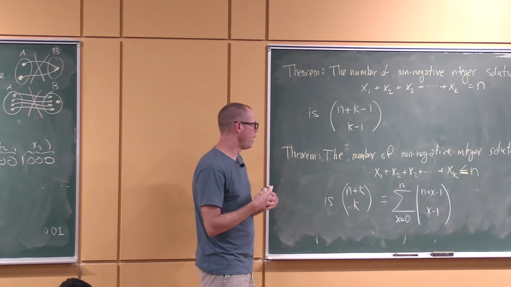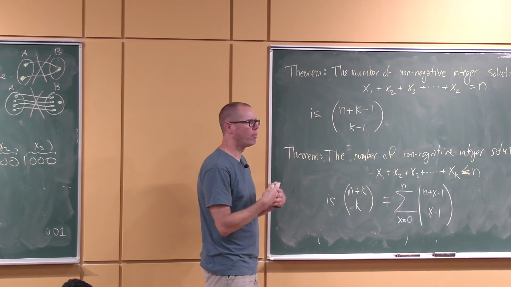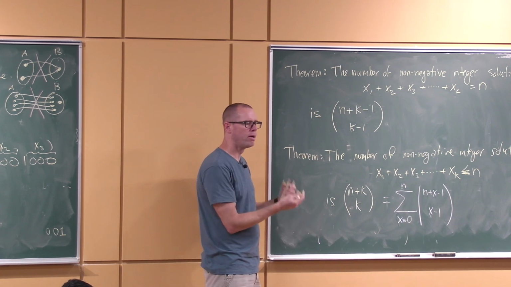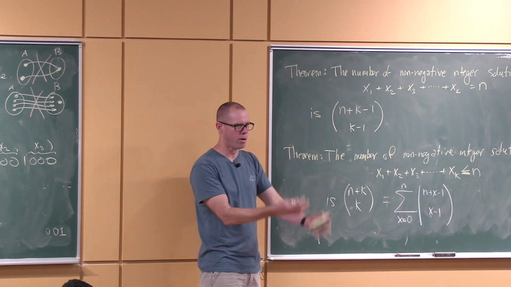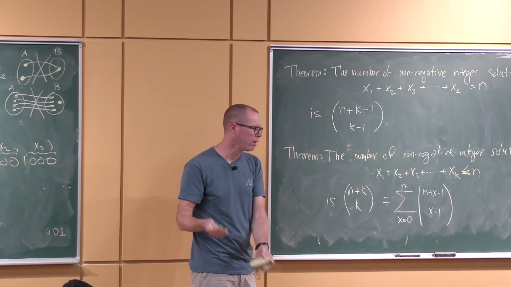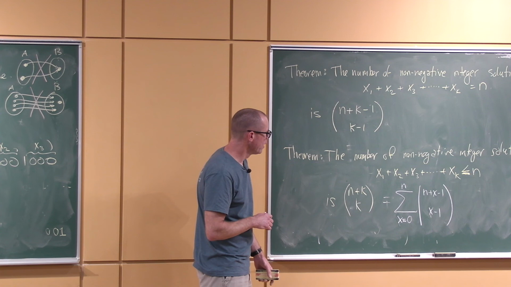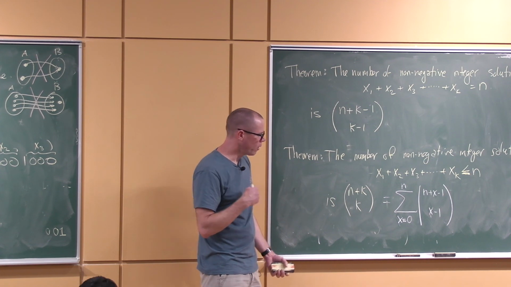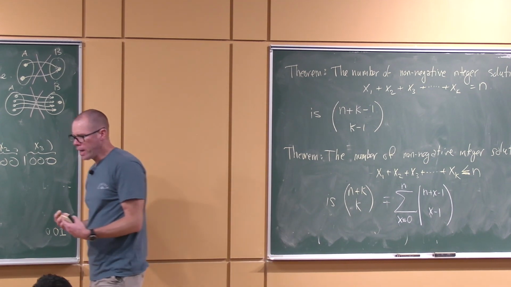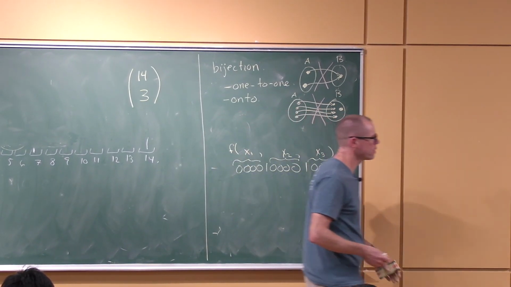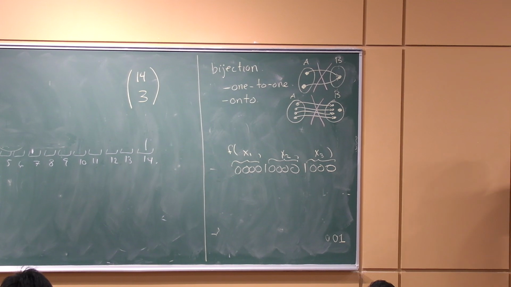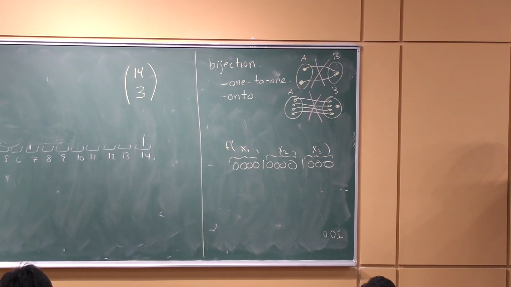How many different ways are there for me to distribute how much work goes to processor 1, processor 2, processor 3, and so on. There may be other things interacting with this. Many solution spaces for assignment problems look like this, and by assignment problems I mean problems of assigning work to processors or to various things.